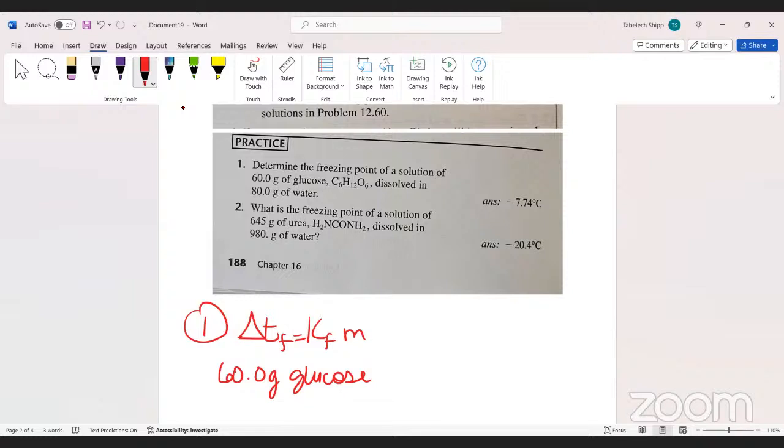So if you're dealing with glucose and water, we know that the glucose is the solid and the water is the solvent. So I'm going to take the 60.0 grams of glucose times 1 mole of glucose on the very top, and on the very bottom, I'm going to put the molar mass of glucose.